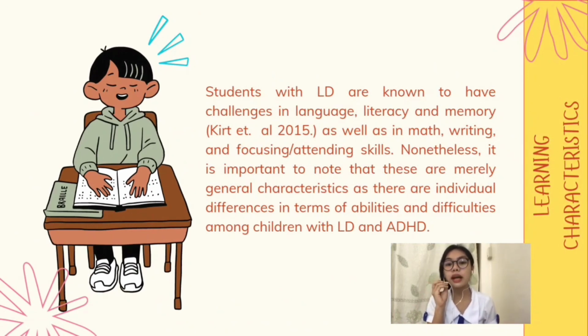Students with LD are known to have challenges in language, literacy, and memory, according to Kurt et al. in 2015, as well as in math, writing, and focusing or attending skills. Nonetheless, it is important to note that these are merely general characteristics, as there are individual differences in terms of abilities and difficulties among children with LD and ADHD.